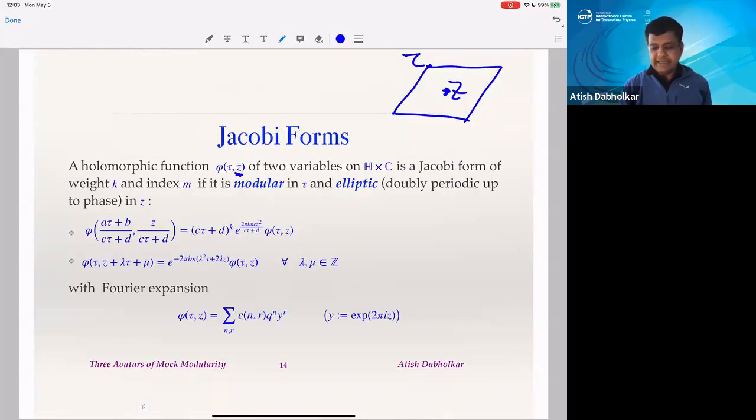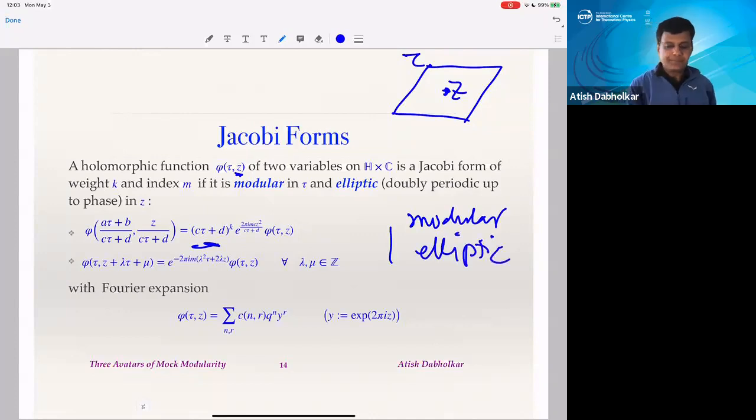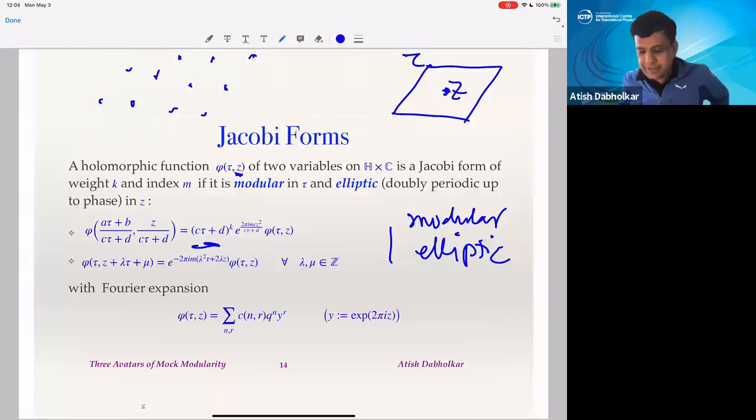Basically, again, it's highly symmetric under modular symmetry, and it is highly symmetric under elliptic symmetry. Elliptic symmetry is simply that if you have a torus, you can think of it as being obtained by modding out the complex plane by a lattice, so by shifts. If you want a function to be well defined on a torus, it must be roughly a doubly periodic function on a complex plane.